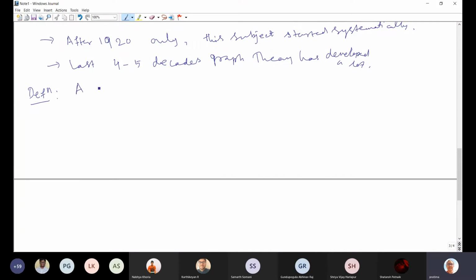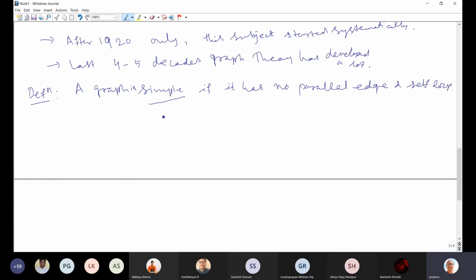So a graph is called simple. I think I had told in the previous class, probably, I don't remember. A graph is simple if it has no parallel edge and no self loop, or loop, simply loop we say.